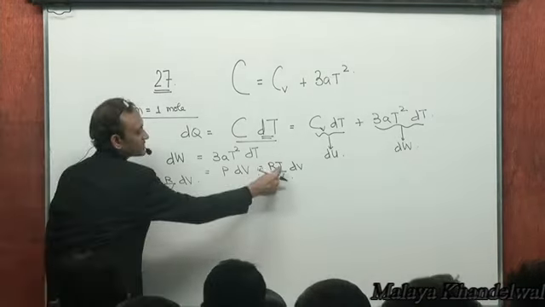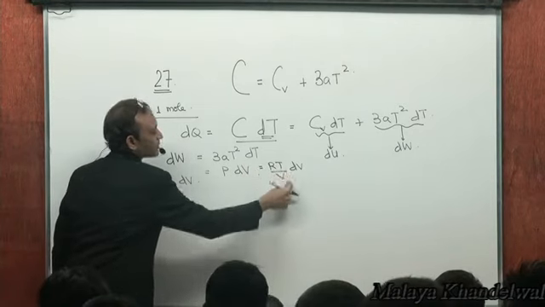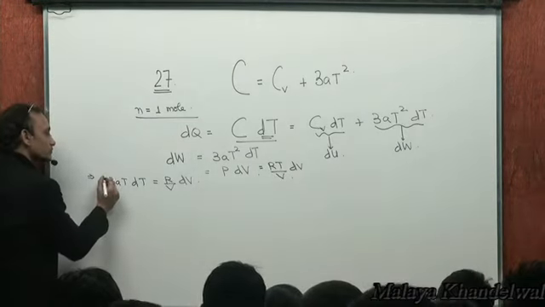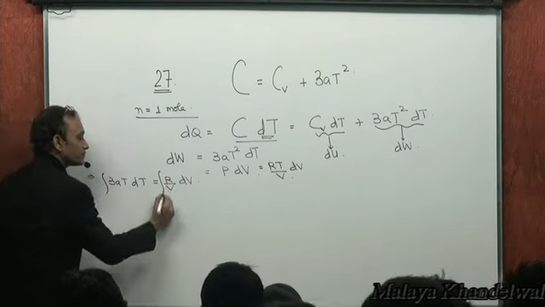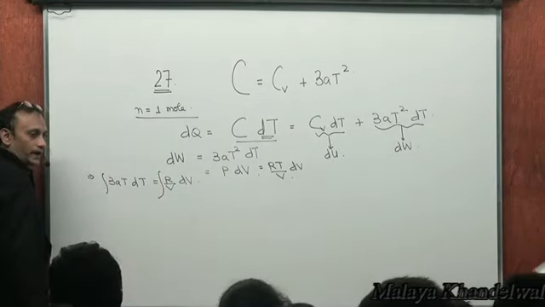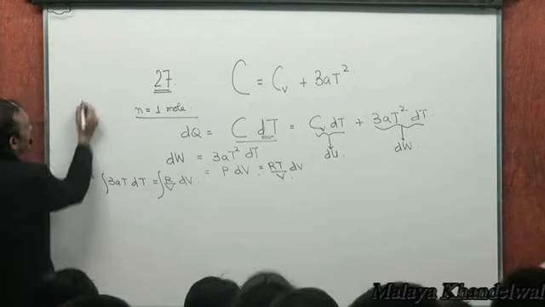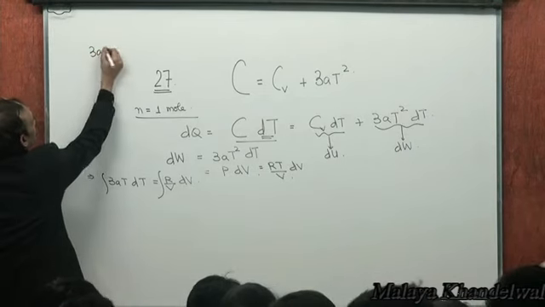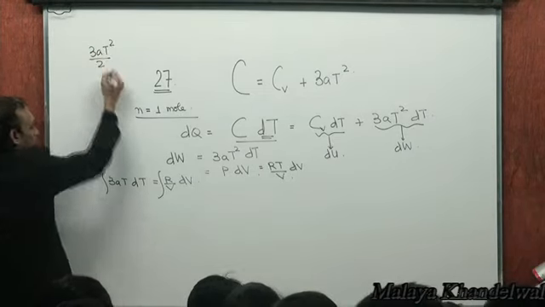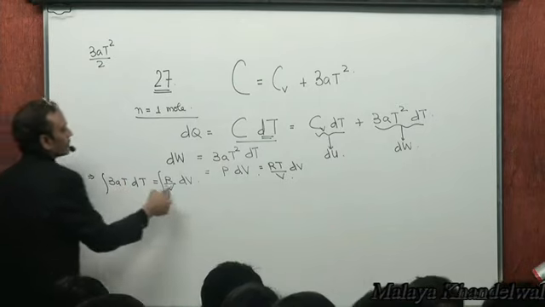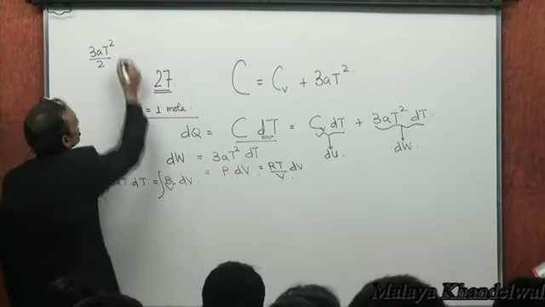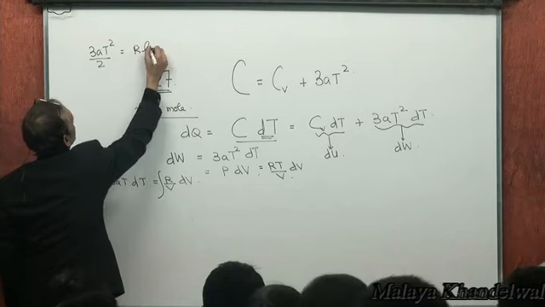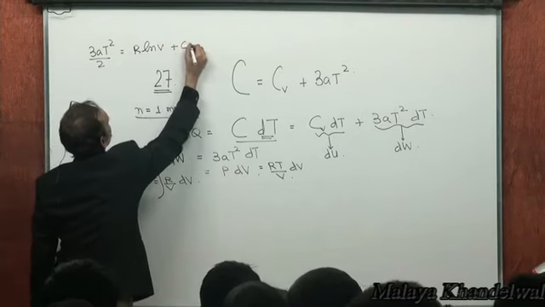This T gets cancelled with this T, so 3a T dT is R by V dV. I then go ahead and integrate. When I integrate, I get 3a T squared by 2 equals R log V plus a constant of integration.